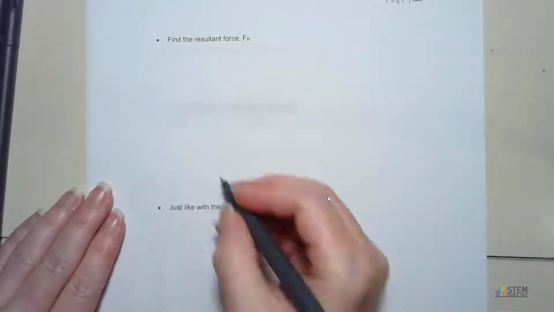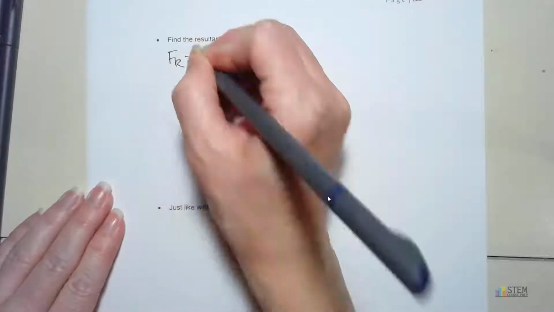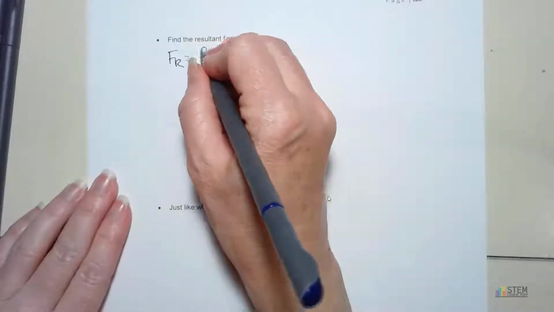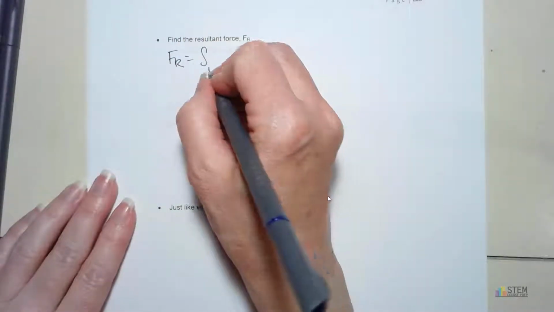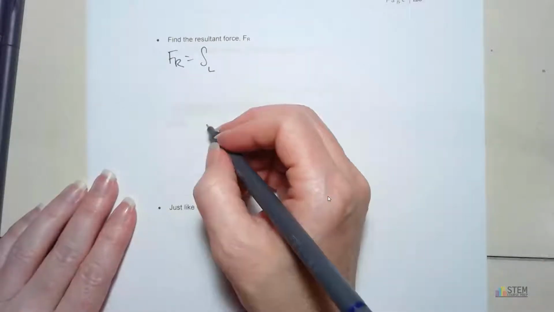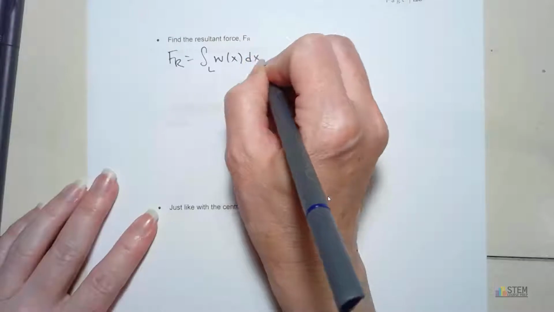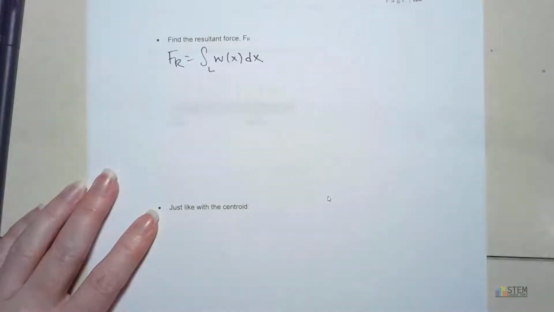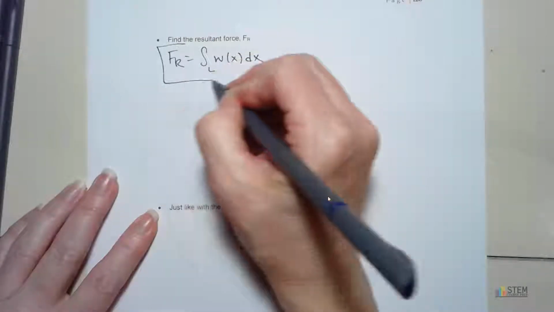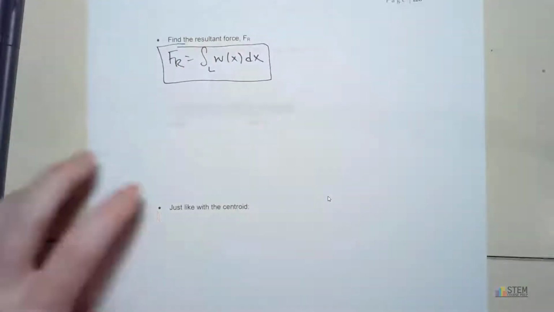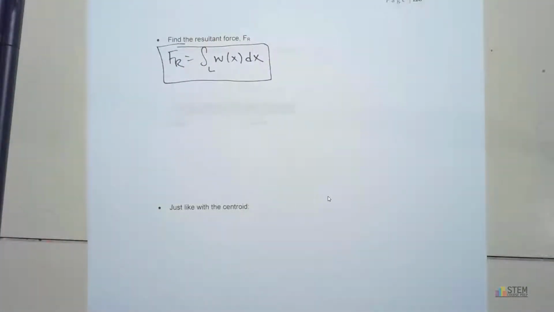And the equation that we need for that, we'll say FR equals the integral over the length of the beam or whatever the surface is of W of X dx. So this is going to be our equation that we're going to use.